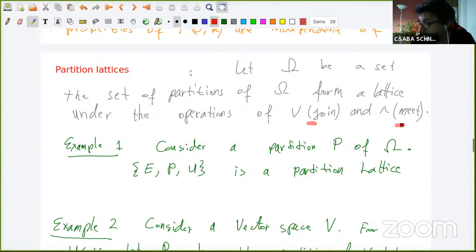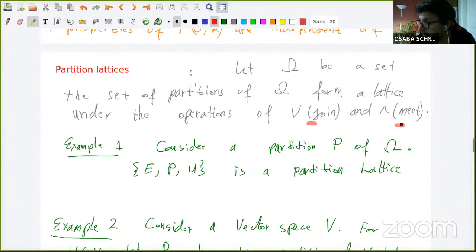The join is essentially the supremum of two partitions, and the meet is the infimum of two partitions under this partial order. And with these two operations, you get a lattice. So this is called the partition lattice of the set.